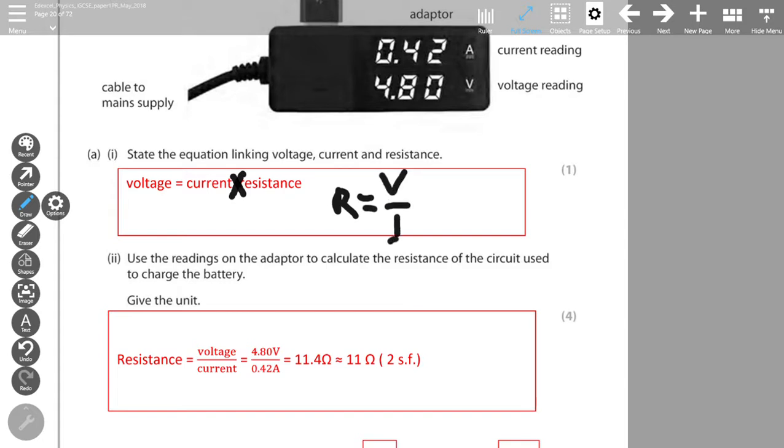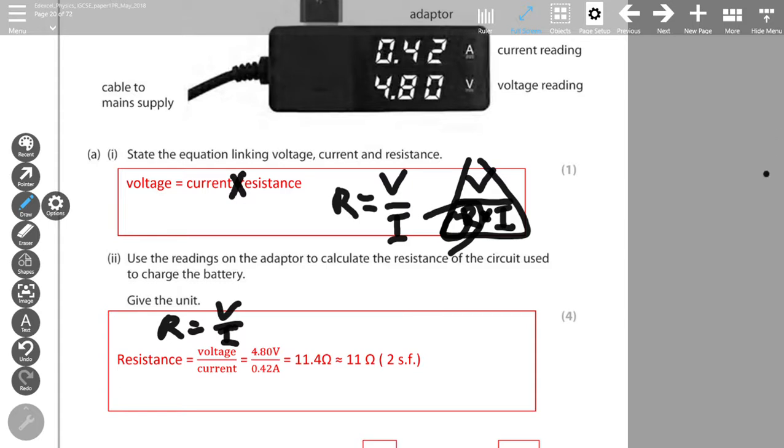Resistance is voltage over current. This triangle I call the V triangle, V-R-I, the resistance triangle. If you want, for example, resistance, you cover resistance with your finger and you see V over I. So resistance equals V over I.